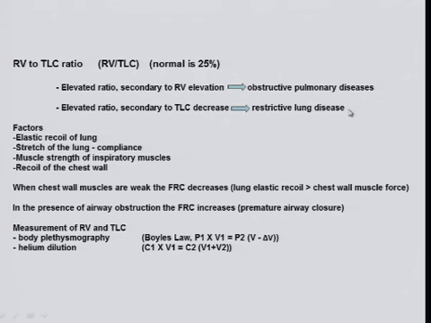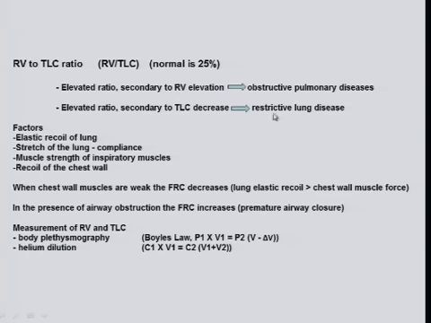Now, what's a restrictive lung disease? Two of them that come right up. One is fibrosis, okay, lung fibrosis. And the other, which we haven't talked about a lot yet, is respiratory distress syndrome. That is the lack of surfactant. Okay, we talked about how surfactant decreases our lung volumes by not allowing the lung to stretch.